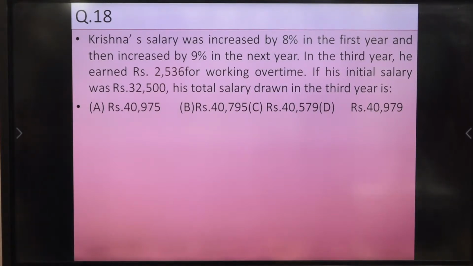So read the question and try to find out the solution. All of you who are present in this class, you have to try to solve the problem, write your answer in the chat box and then see the solution.